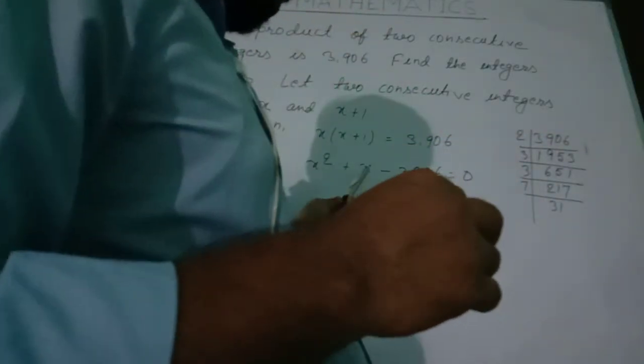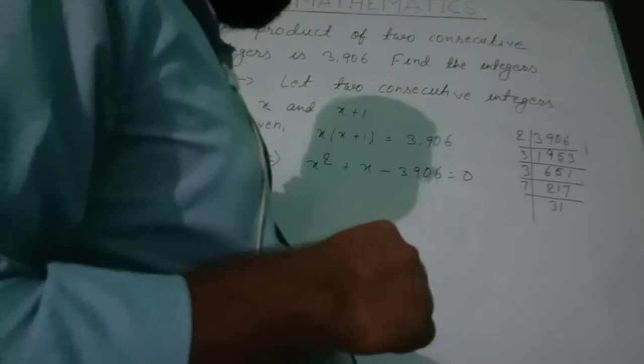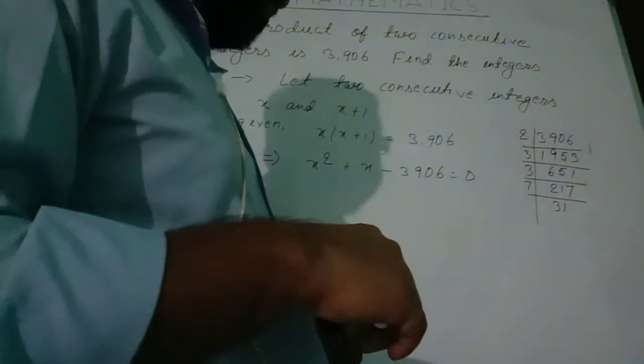So from the group of these numbers, we will prepare two groups whose addition or subtraction will be equal to x. And obviously the multiplication will be equal to 3906.